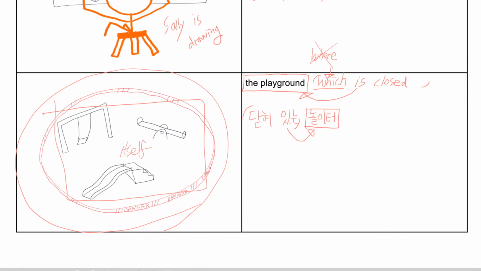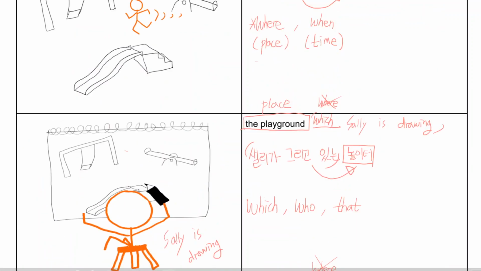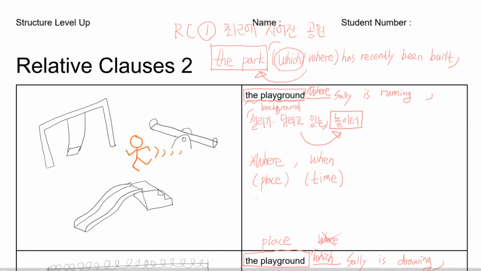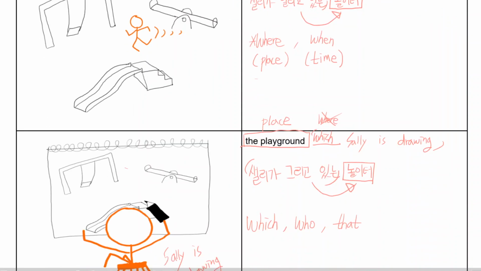So in this category falls which if it's a thing, who if it's a person, that works both ways. Okay, so like I said, there are 3 types of situations to decide what we should put in this connecting part as relative, right?